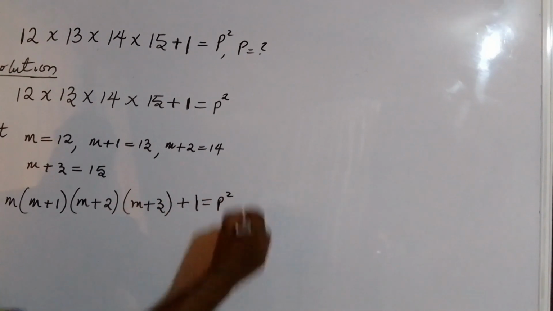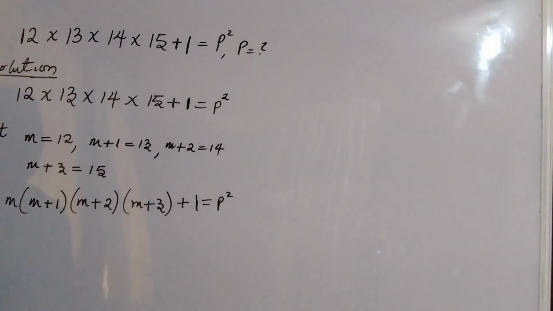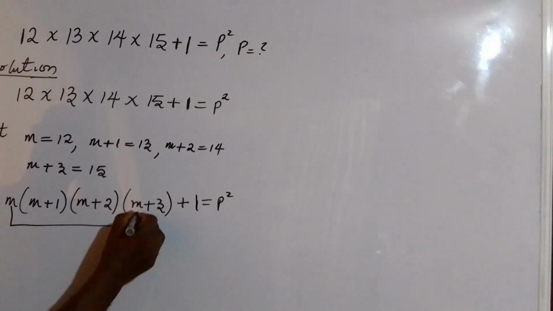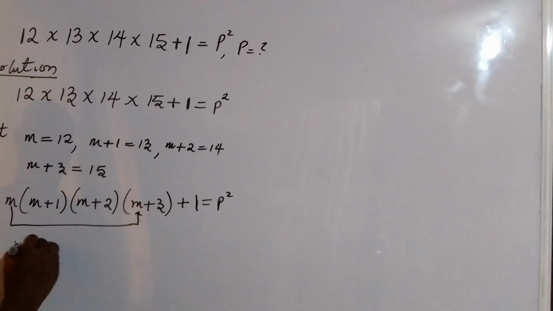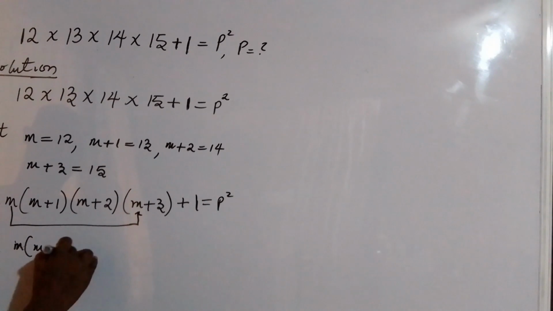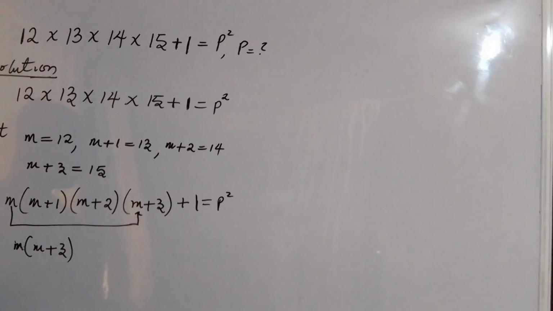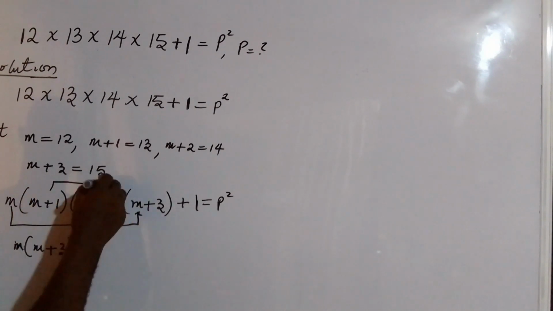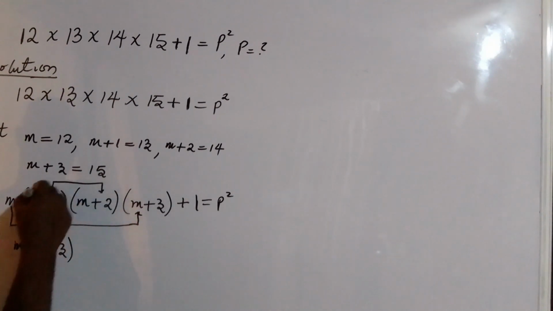Right. So now what we need to do is that I'm going to combine m and m plus 3. So I have m times m plus 3, okay, in one bracket, and then I bring m plus 1 and m plus 2 together.